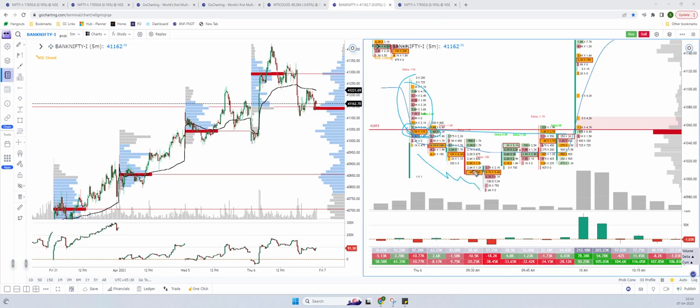Ideally, after this rejection I would have wanted to see some selling initiative, but all the selling that was happening was getting absorbed. There was mild selling, no major deltas, no major volumes, but everything was getting absorbed even then. That clearly showed there is limit buying support in the market here, defending the prices created around Monday.